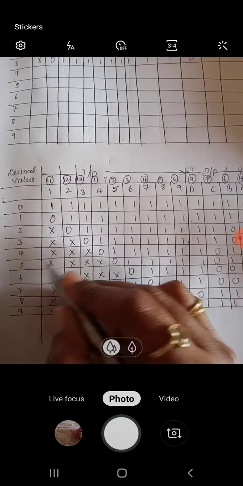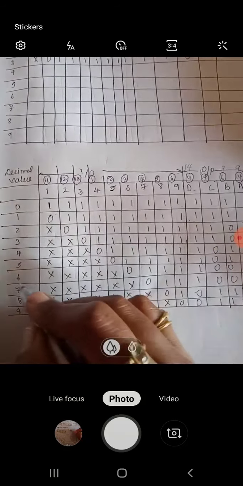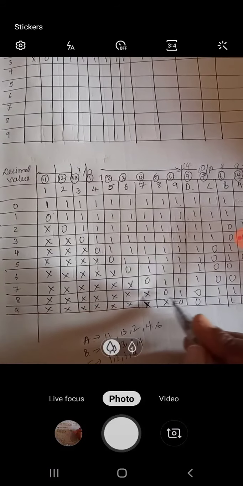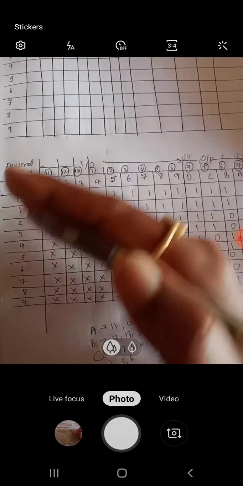Okay, similarly for 4, so at the fourth column you have 0, at the fifth column you have 0, at the sixth column you have 0, at the seventh column you have 0, at the eighth column you have 0, similarly at the ninth column you have a 0. So below the zeros you have all don't care terms, and above the 0 you have all ones.